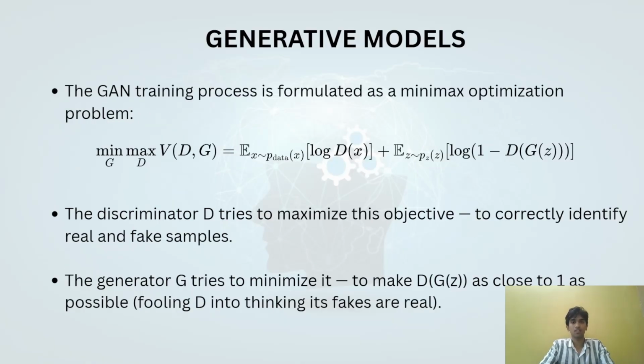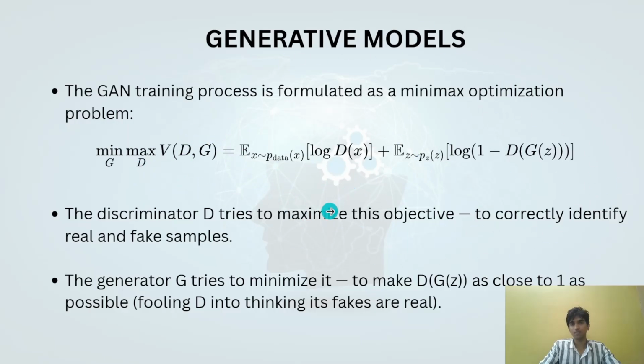Earlier we had seen that generative adversarial networks have problems such as mode collapse and training instability. We'll shortly see why. It's formulated as a min-max optimization problem, because the generator tries to minimize this whole term, and the discriminator tries to maximize this.